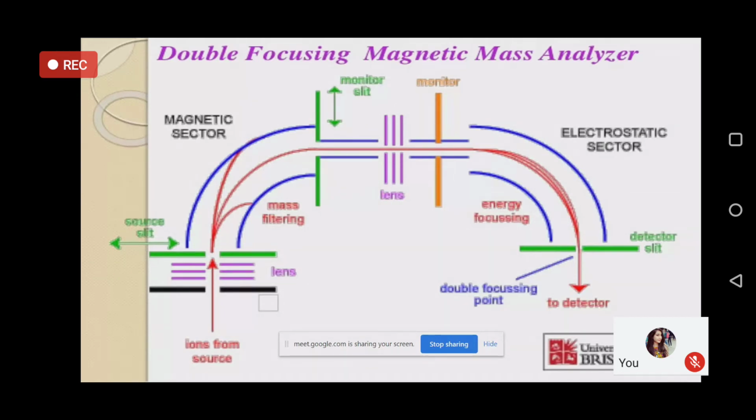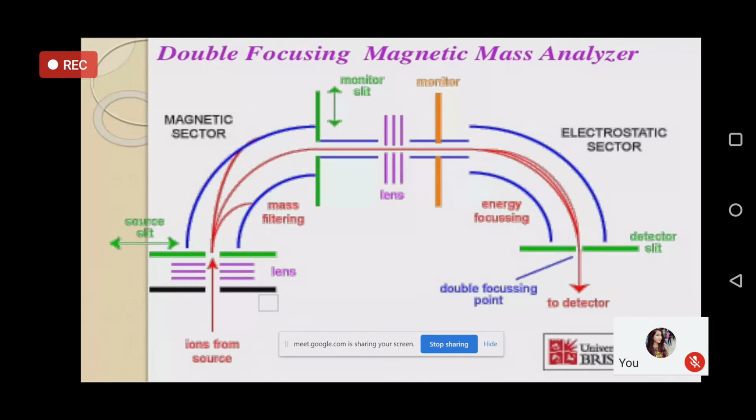And this one by one can be done as you do in the single sector analyzer by using the changes in the magnetic field. So that is how the double focusing works. First is the selection of velocities. A particular velocity is selected for particles with different m by z. And then there is a selection with respect to m by z, because now the beam that enters the magnetic field is going to possess the same velocity but different m by z values.